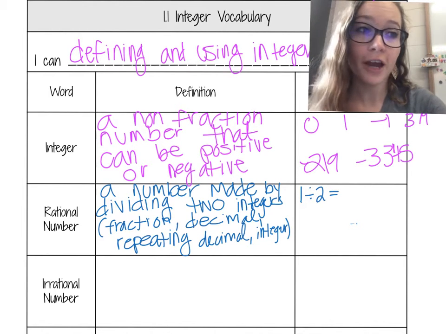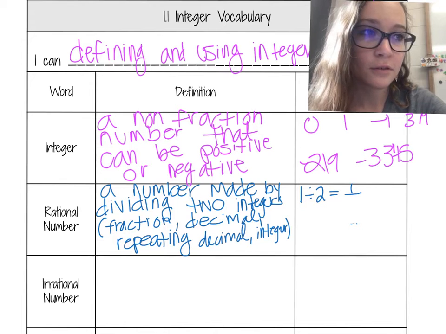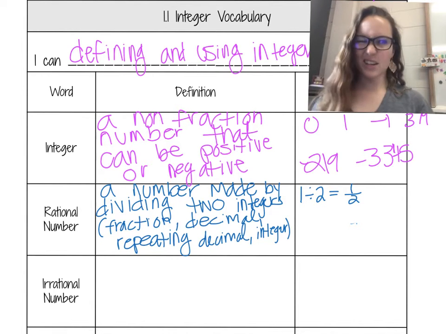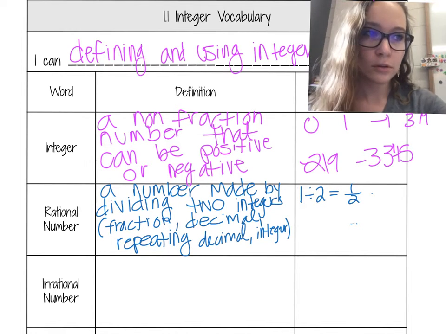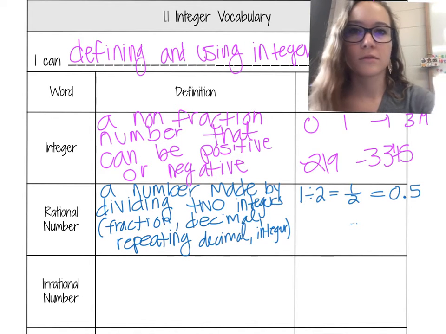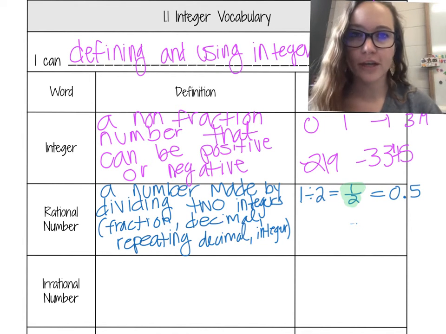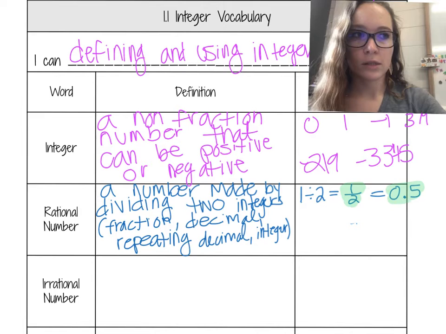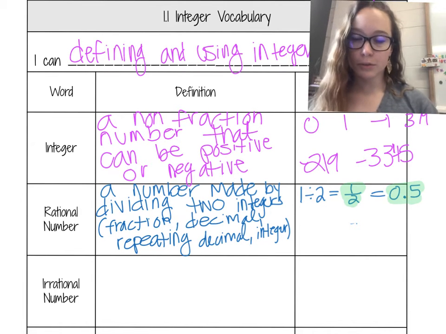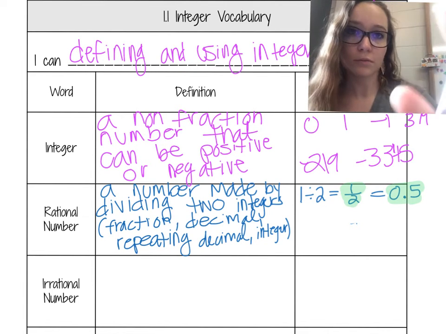I can write that as a fraction, 1/2. And if I divide 1 by 2, you'd get 0.5. So this 1/2 is a rational number. The 0.5 that you get from dividing those is a rational number.